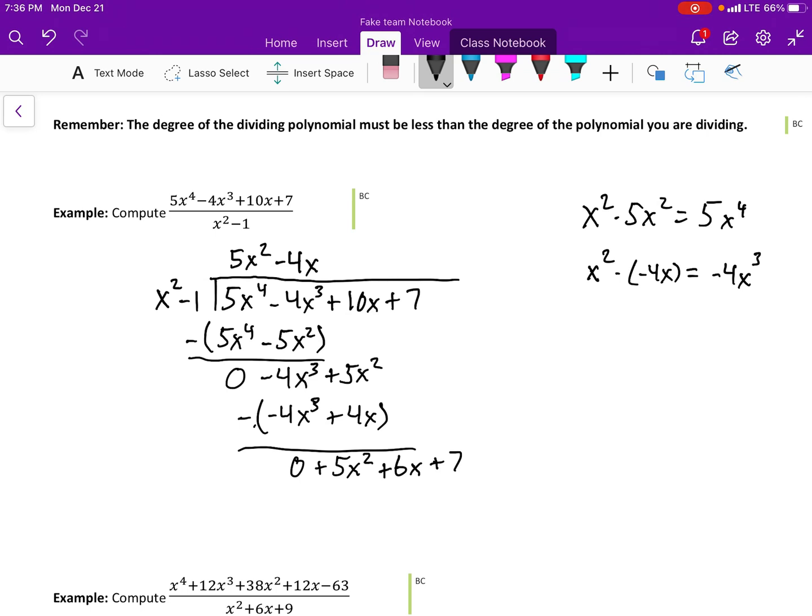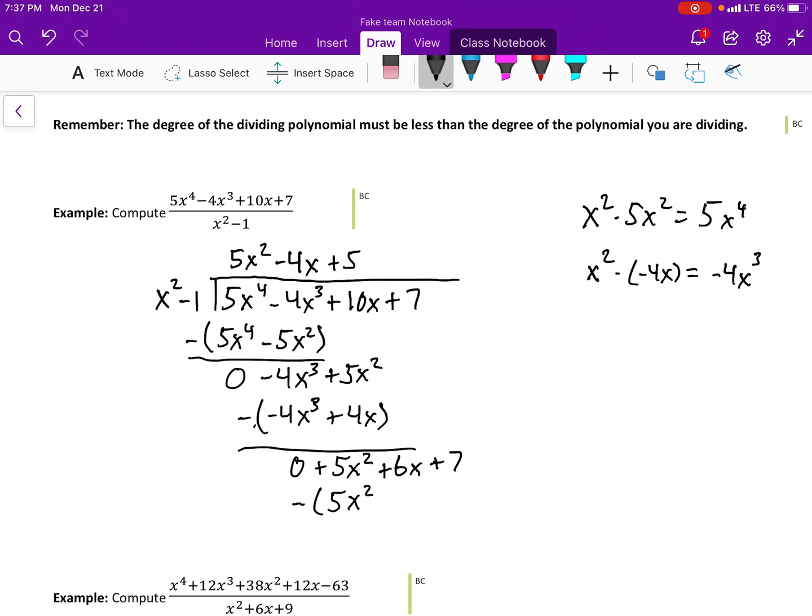Okay? So now we need to figure out what value when I multiply it by x squared gives me 5x squared. That's just going to be 5. And so when we multiply 5 times x squared, we get 5x squared.